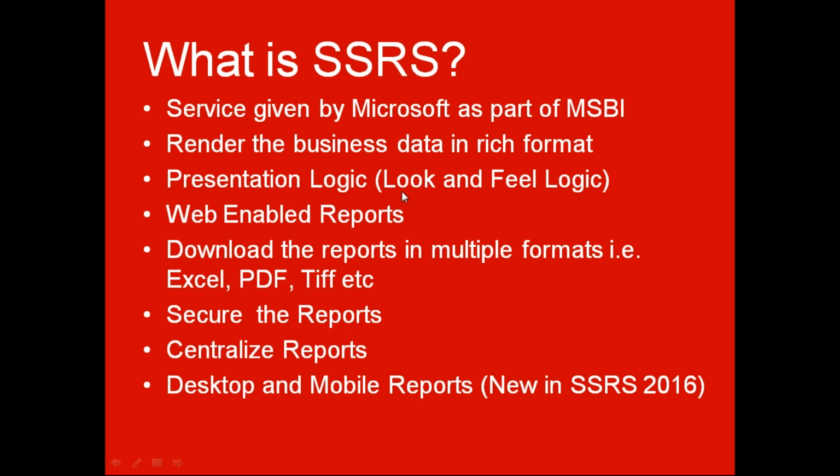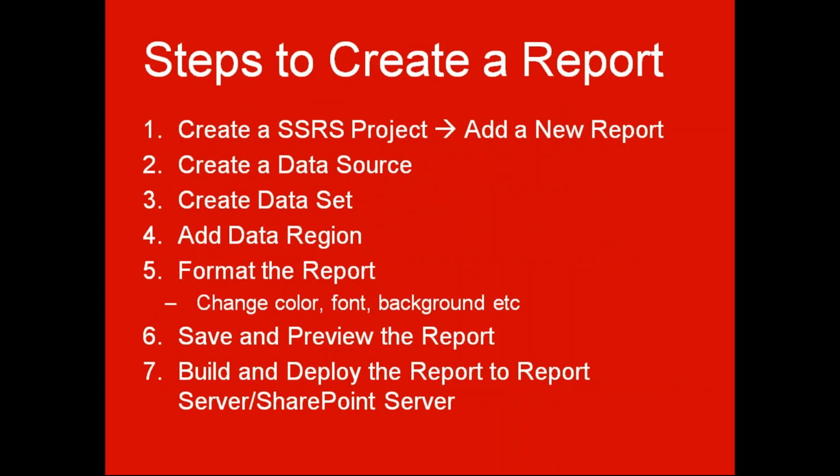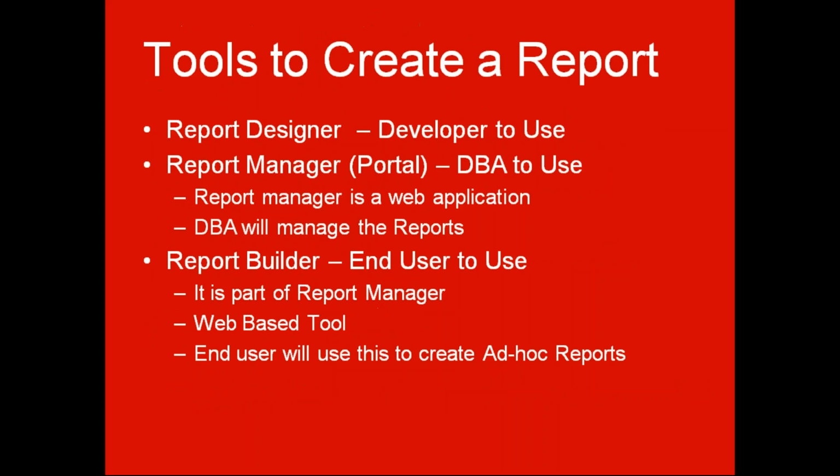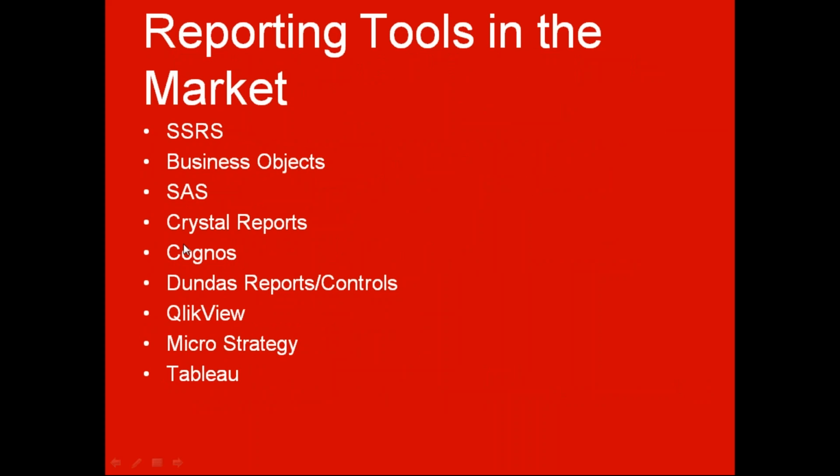You take any kind of reporting. So what are the reporting tools we have? We have plenty of reporting tools in the market. For example, we have SSRS from Microsoft, Business Objects, SAS, Crystal Reports, Cognos, Dundas reports, QlikView, MicroStrategy, Tableau, like that. You have thousands of tools in the market.